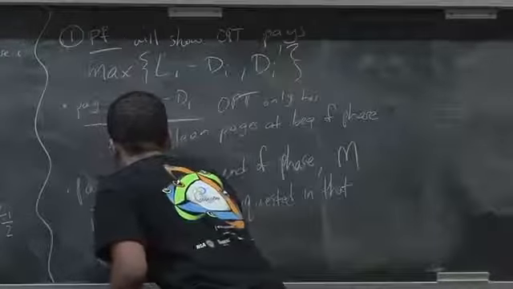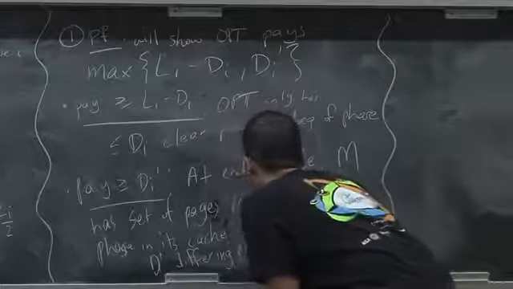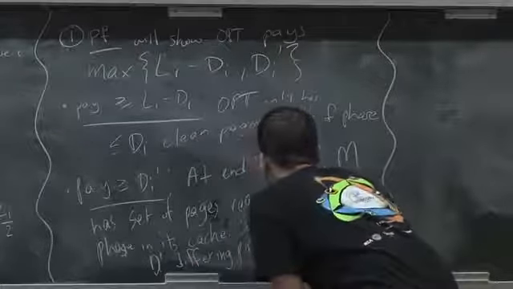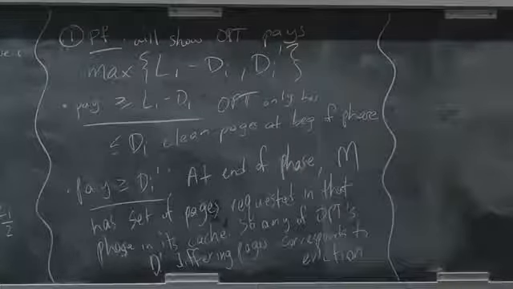So if there are any differences from that, it's because there was an eviction. So any of OPT's d_i prime differing pages corresponds to an eviction. Okay, good. How about 2?